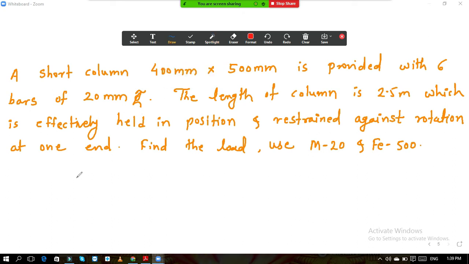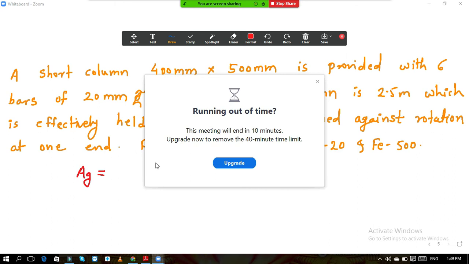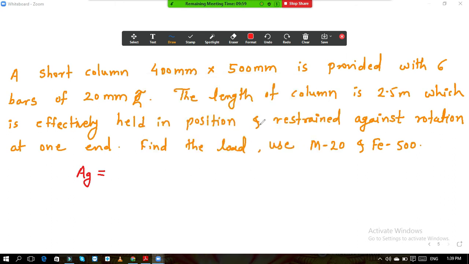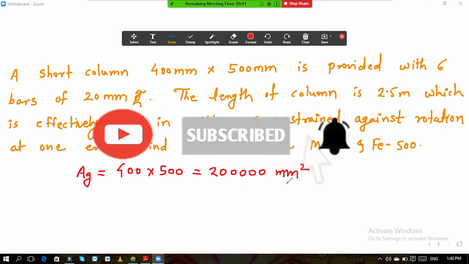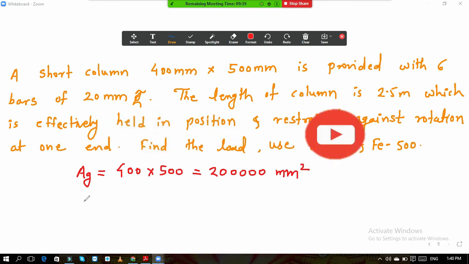The size of the column is already given to you, so we can calculate the gross area. Ag is equal to 400 by 500, which is equal to 200,000 mm square. This is the gross area of the column.